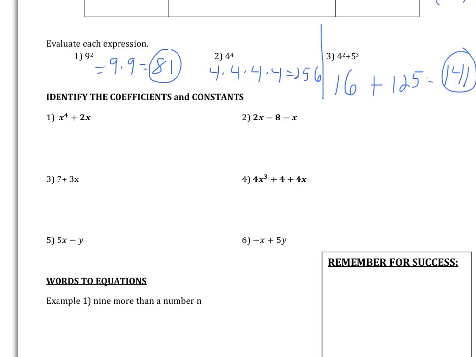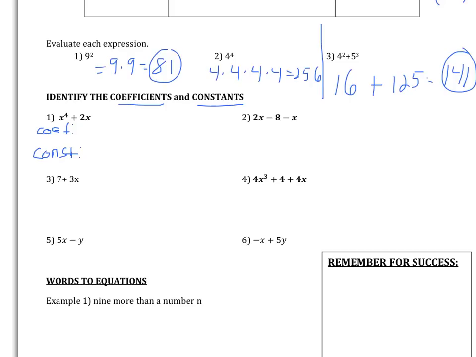Next part. It says identify the coefficients and constants of the following. So here's how we're going to do this. For each one of these, we're just going to write coef, that's our abbreviation for coefficients, and for constants, we're just going to abbreviate this, const. So what are the coefficients in this first one?